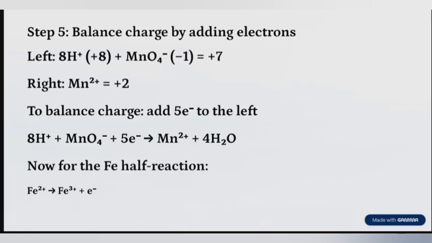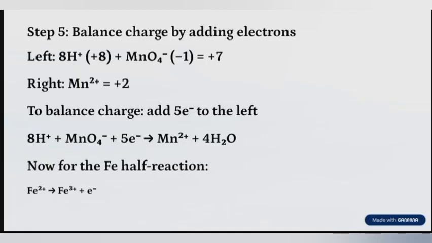No, I said oxygen is -2. Generally, the oxidation number of oxygen is -2. So now the MnO4, all of them together has one extra electron. That's why it has -1. It gained one electron. Okay, right on.